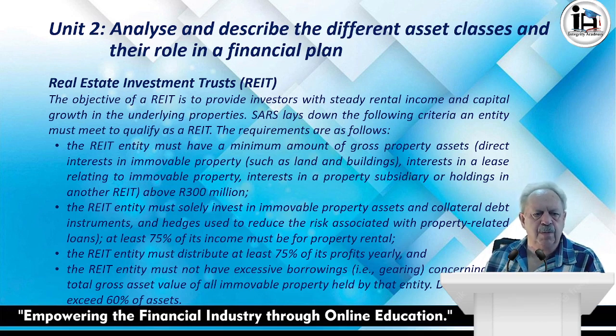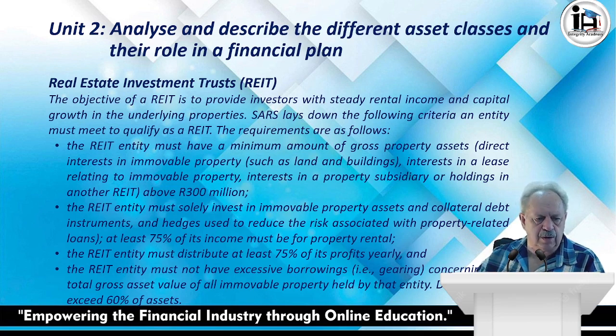The REIT entity must solely invest in immovable property assets and collateral debt instruments and hedges used to reduce the risk associated with property-related loans. At least 75% of its income must be from property rental. The REIT entity must distribute at least 75% of its profits yearly, and the REIT entity must not have excessive borrowings, for example gearing, with respect to the total gross asset value of the immovable property held by the entity.